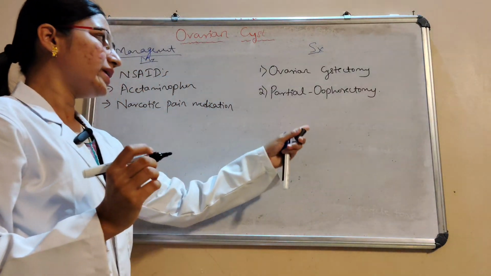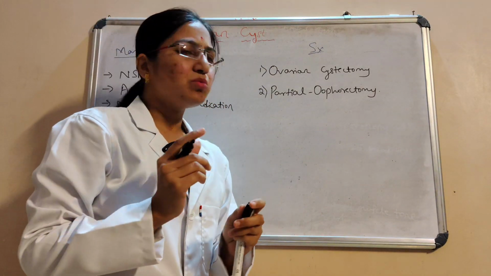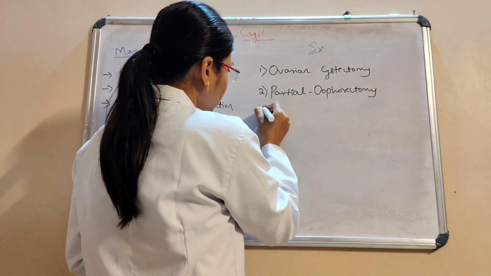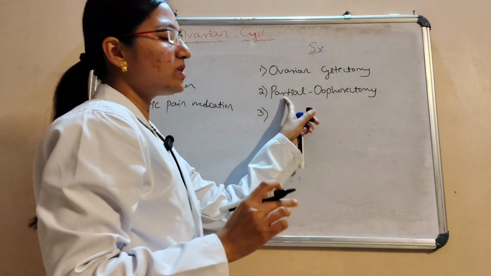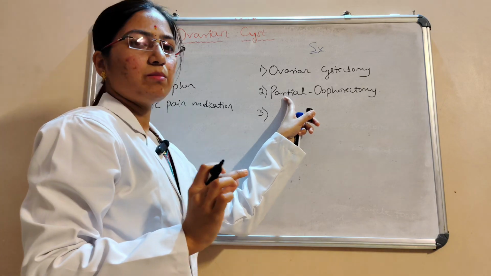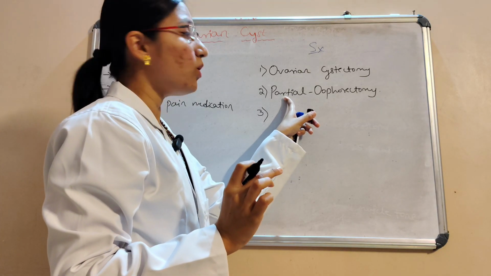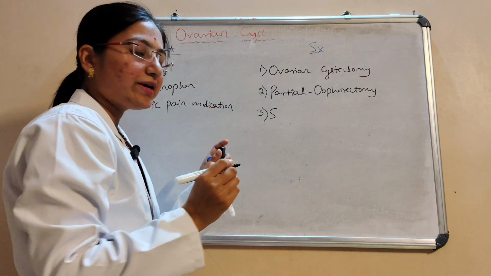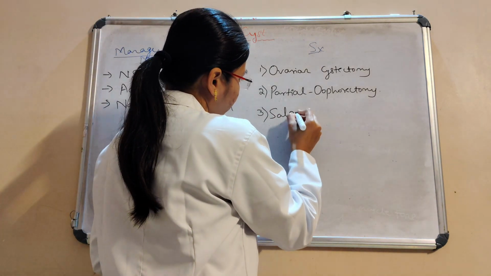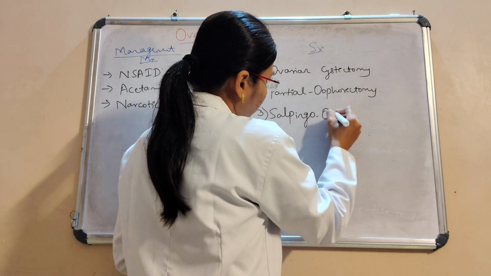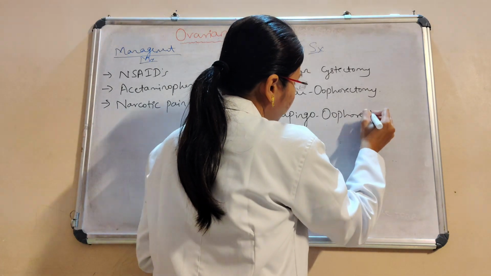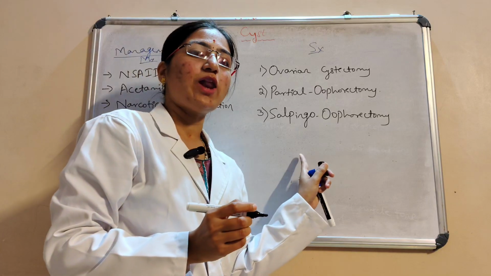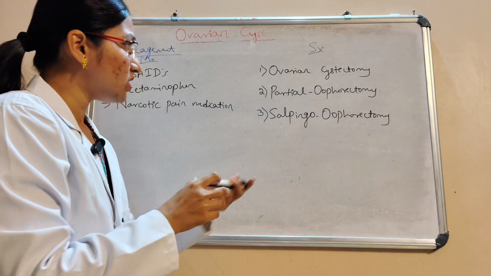Here partial oophorectomy is nothing but they are going to remove a small portion of the ovary. Here removal of cyst and also a partial part of the ovary can be removed. And after that salpingo-oophorectomy. Here removal of cyst, ovary as well as fallopian tube. This is the surgical management.